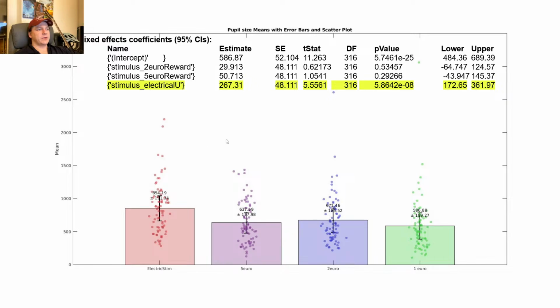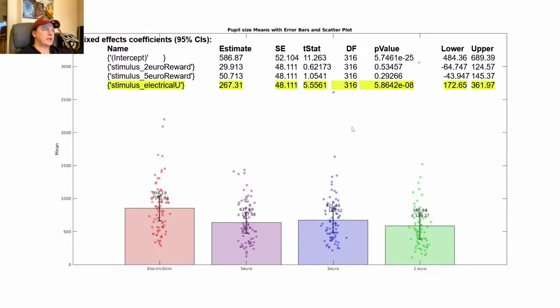We have one variable with a random effect, the subjects, 20 subjects, and one fixed effect, which is the modality and valence of the stimulus.